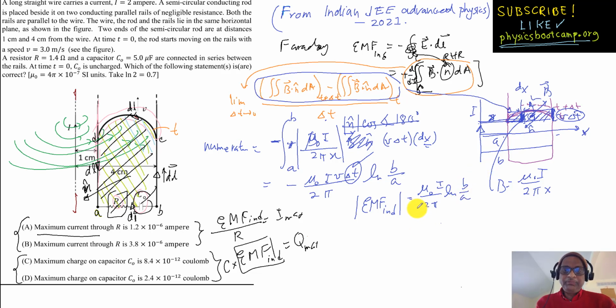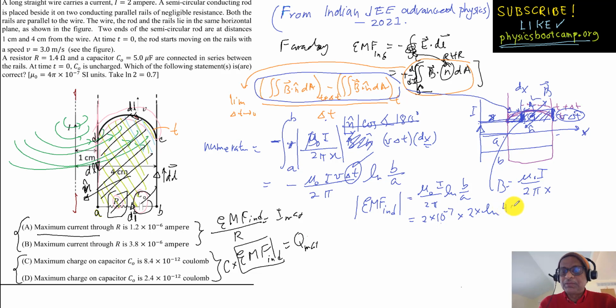Let's do the numerical part. So it says the mu naught is 4 pi times 10 to the minus 7. That's true. So this is 2 times 10 to the power minus 7 SI units, and I is 2 amps, and then log b over a, this distance is 4, this distance is 1.